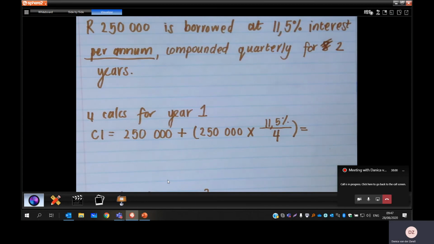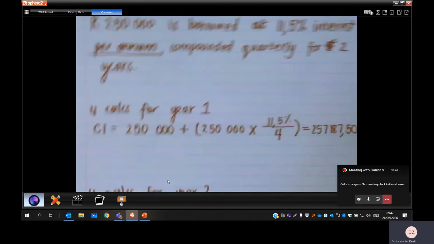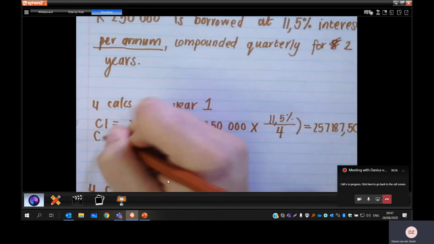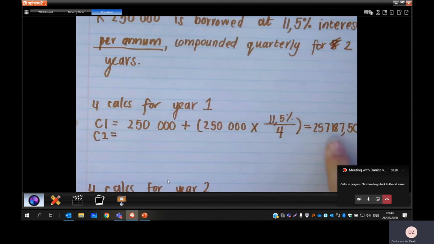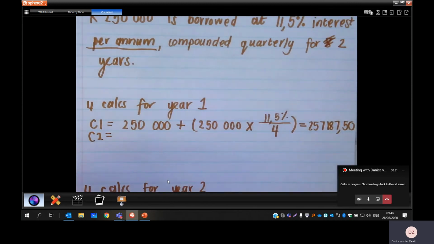Okay, so what is my final answer after year 1 with the division of 4? I get 257,187.50. And just like before, my second compound starts with the amount from my previous compound.